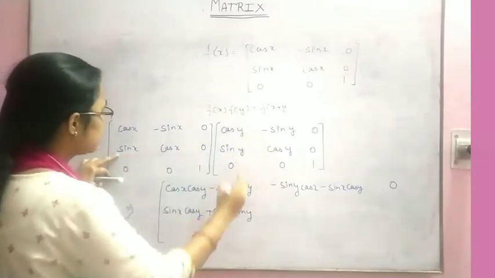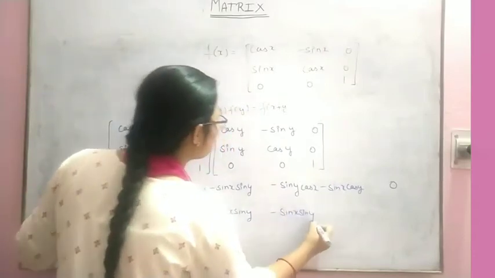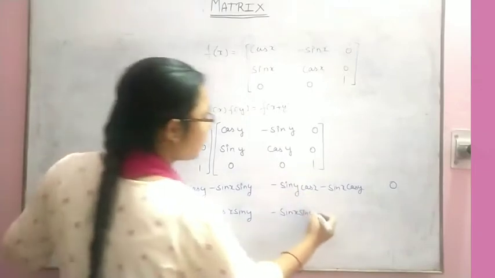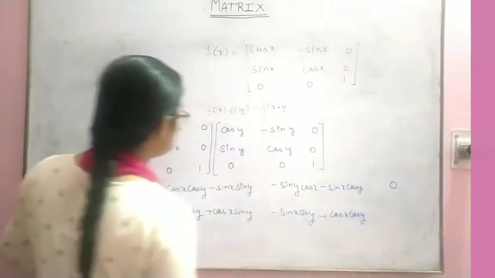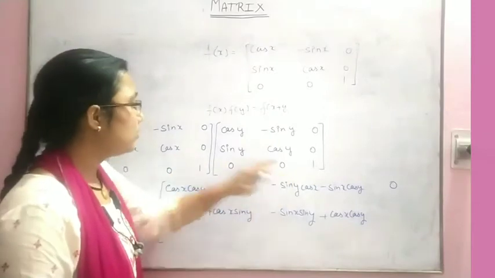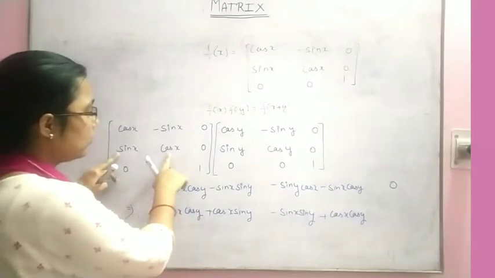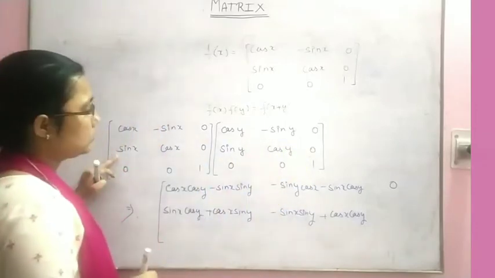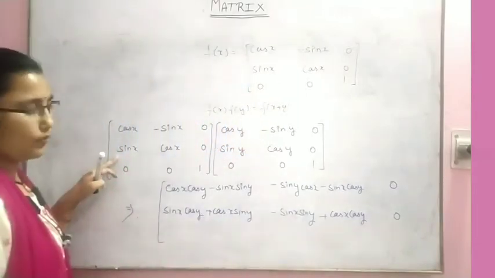Now for second row and second column, sin x sin y plus cos x cos y, and the last term is 0 multiplied by 0 is 0. Now sin x multiplied by 0 equal to 0, cos x multiplied by 0 equal to 0, and 0 multiplied by 1, we get again 0.